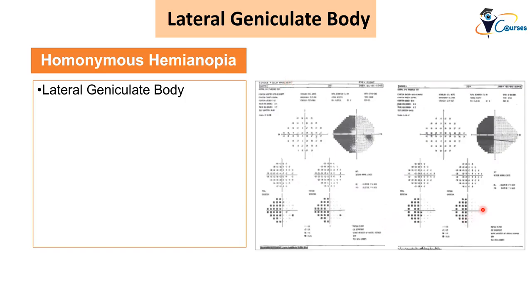You can see that it is more congruous because we are more posterior. So when I see this, I expect that the lesion is more posterior. It could be a lesion in the optic tract or the lateral geniculate body, but it is more posterior. So I'm thinking it is in the posterior tract or the lateral geniculate body because of the congruity of the defect.